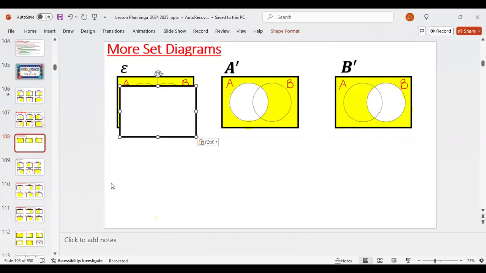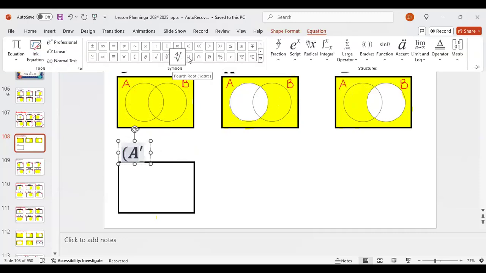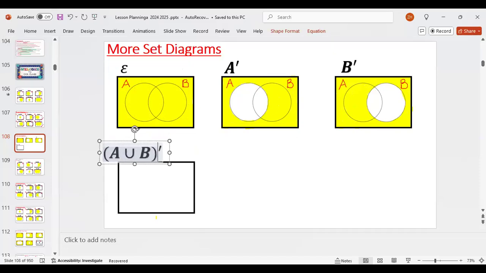Okay, so for this one, let's say that we have this guy, A union B, whatever that means. How do we pronounce this?